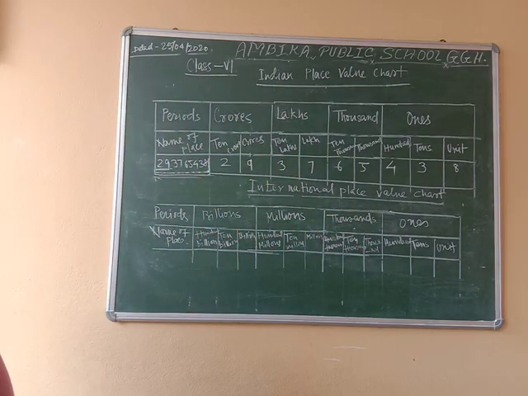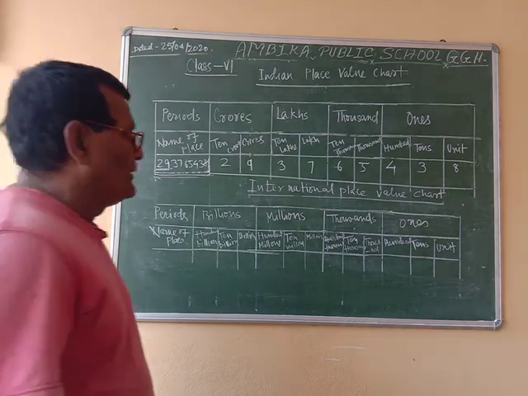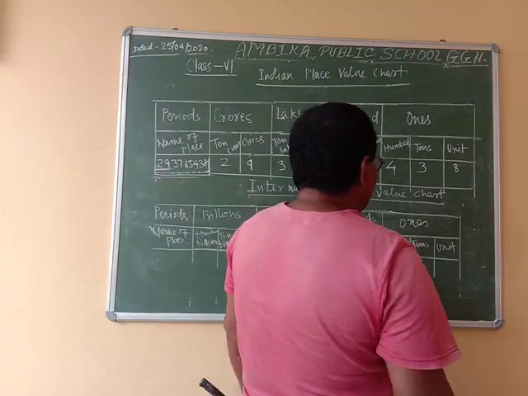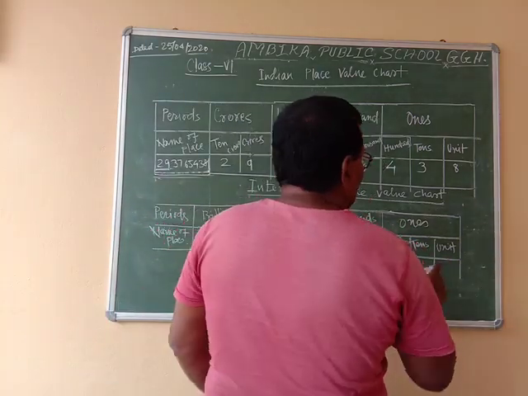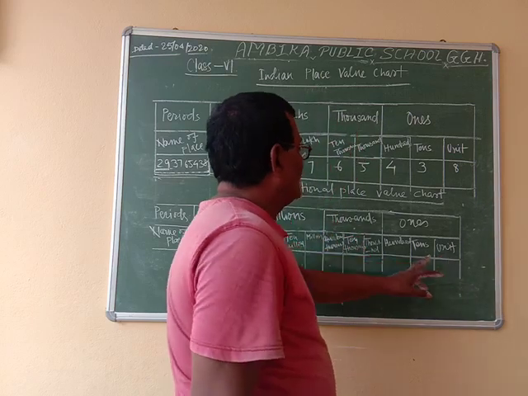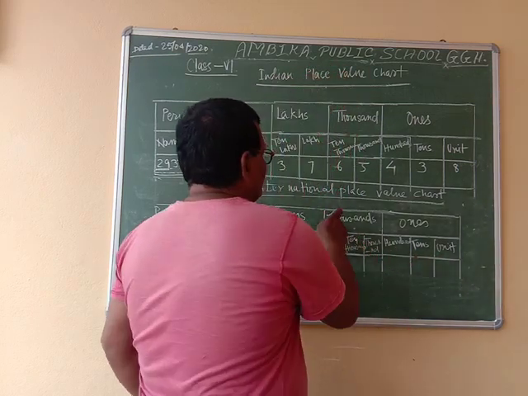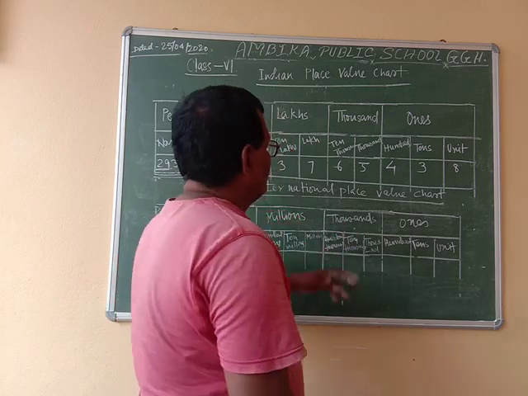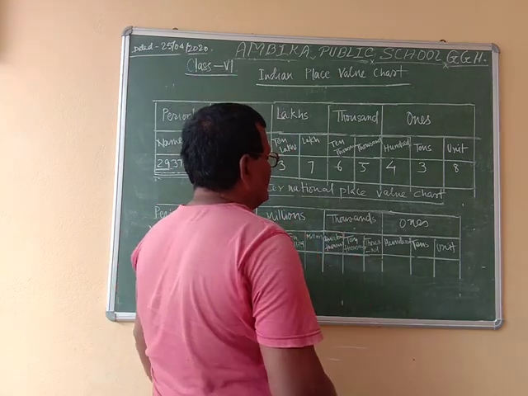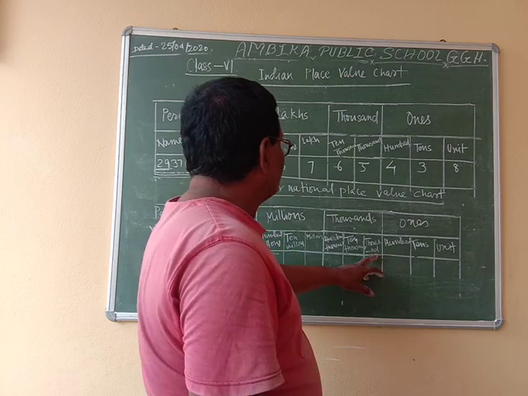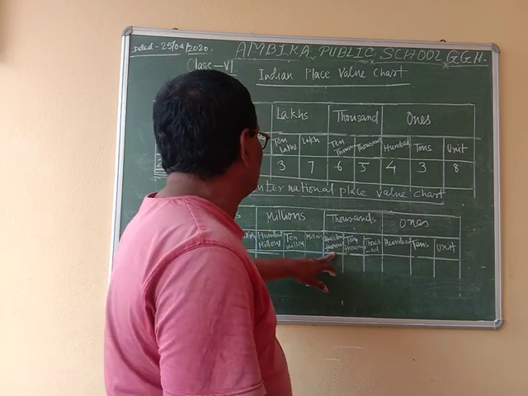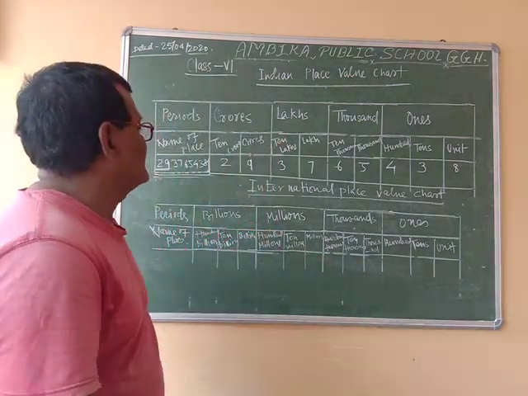In the international place value chart, ones is divided into three parts. In the first part we write unit, tens, hundred, and second, thousands is divided into three parts: thousand, 10,000, 100,000, and million.